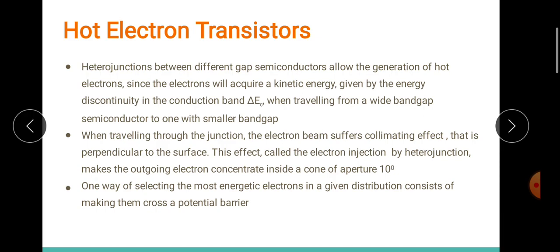But see, it came into application only after many years of research, only after techniques like MBE, molecular beam epitaxy, came into the industry. So only after that the manufacturing of hot electron transistors started coming.